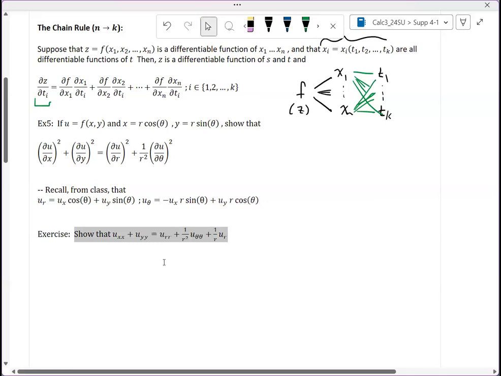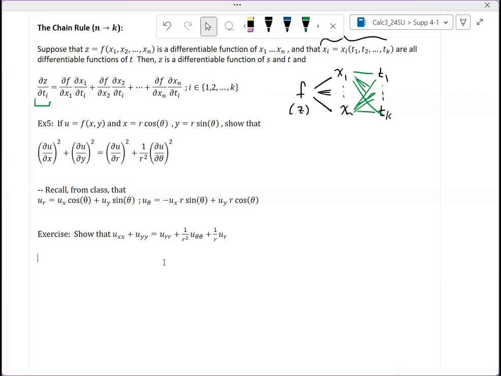So for this exercise, we want to show this relation between the second partials. In other words, if I have a problem, say a partial differential equation phrased in rectangular coordinates x and y, maybe I would like to rephrase it in polar coordinates in some situations, r and theta. How would I reframe that problem in r and theta?